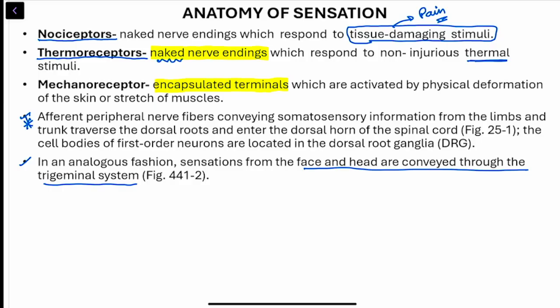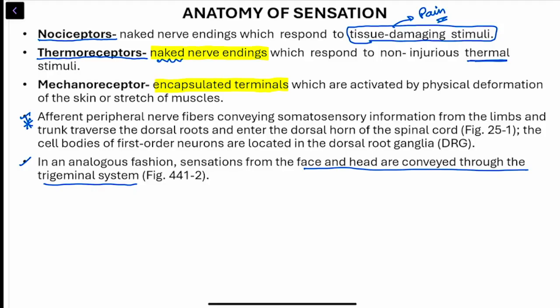I will discuss this in detail when I will be discussing the trigeminal nerve specially. Right, it requires a different lecture in itself because it is a very extensive topic, because there are different nuclei of the trigeminal system and all that stuff. But as far as you have to remember, you must understand that there are two analogous systems working. One is the spinal cord, right, and one is the trigeminal system.